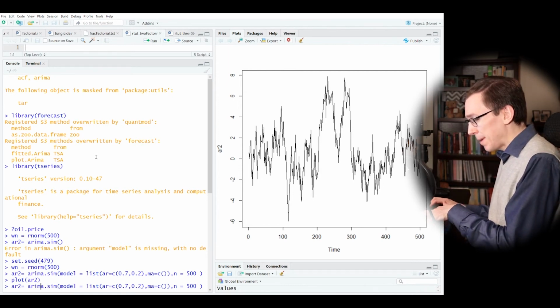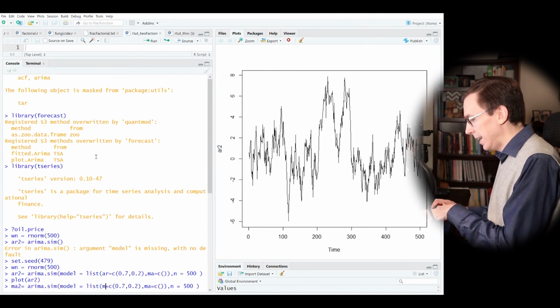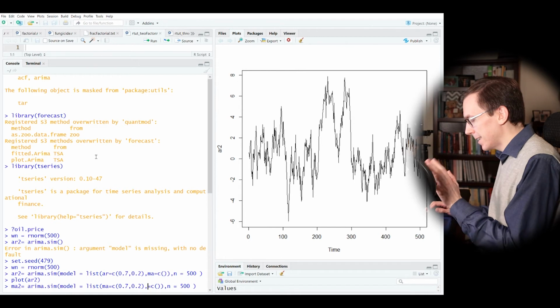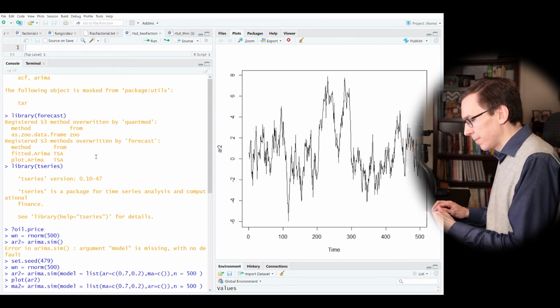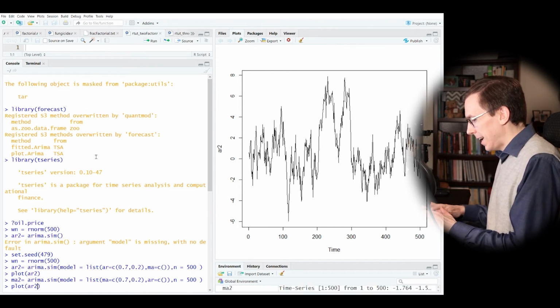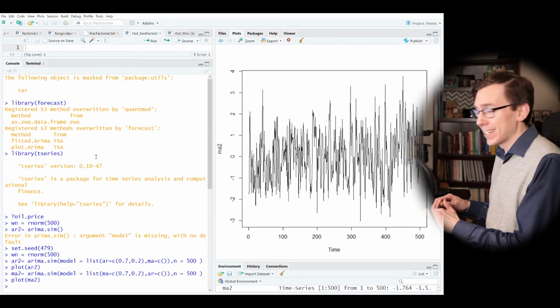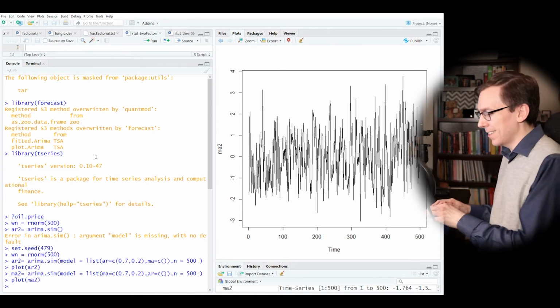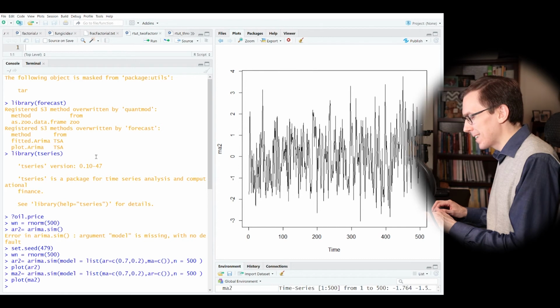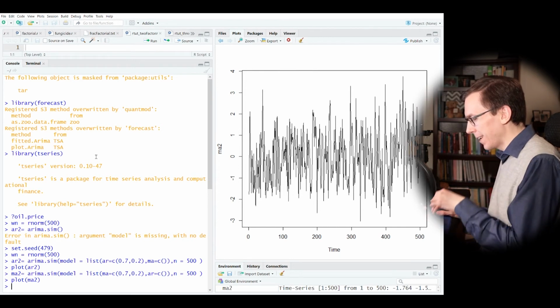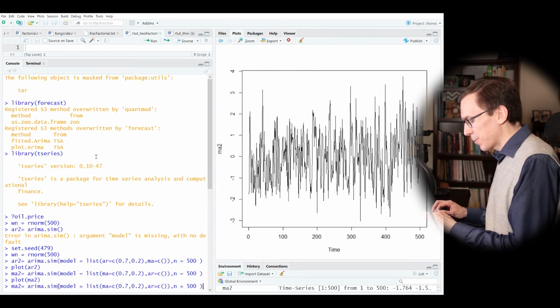Similarly, why don't I do an MA2 process using the exact same two coefficients and keeping the AR process empty, so that I can have something that looks like that. So again, the MA process is not getting close to a white noise process. It's a whole different thing, so we don't have to worry about that.